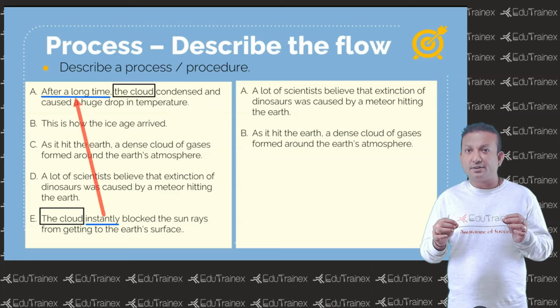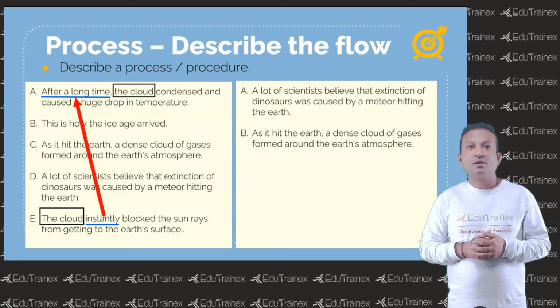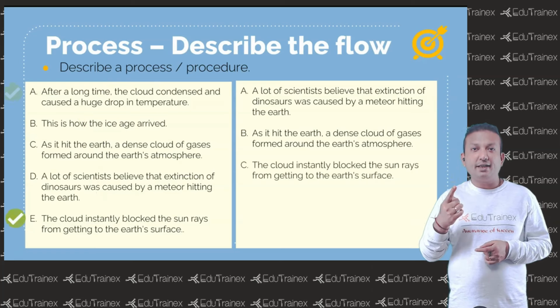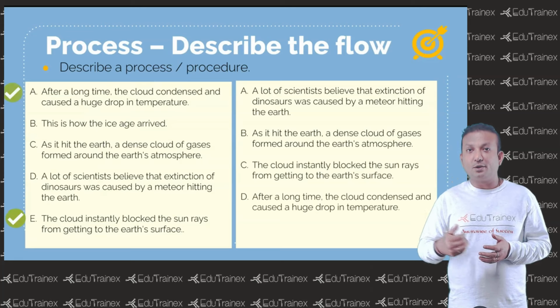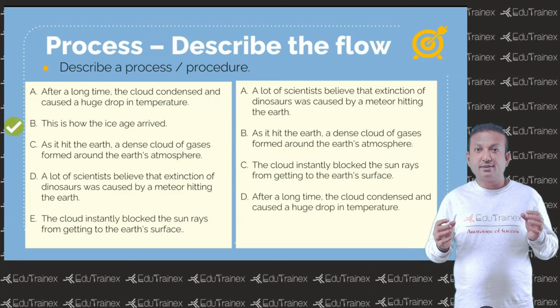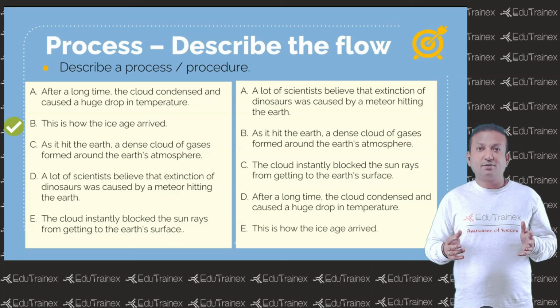Which one should come first? Instantly or after a long time? Of course instantly. So E will be our third sentence, and option A will logically follow it, as we are still talking about the cloud. Now the last sentence is option B, which is a concluding sentence about how this event caused the ice age. Great, so we have completed our second practice question.